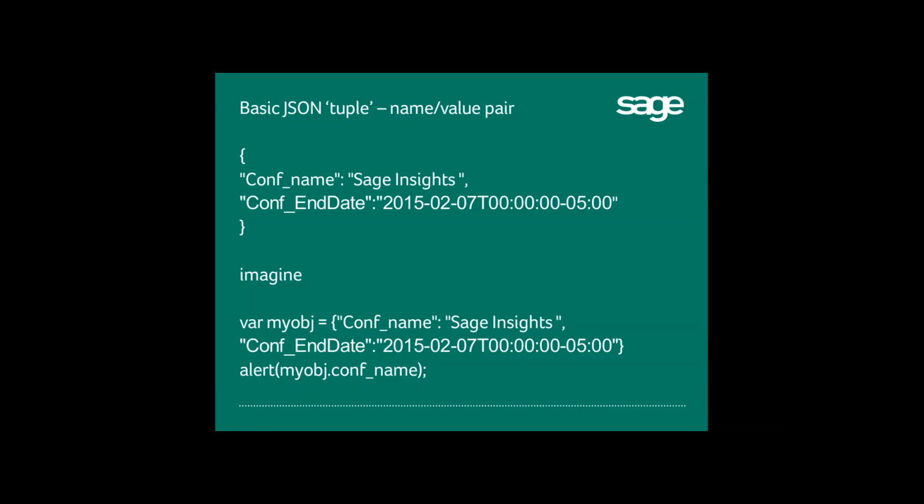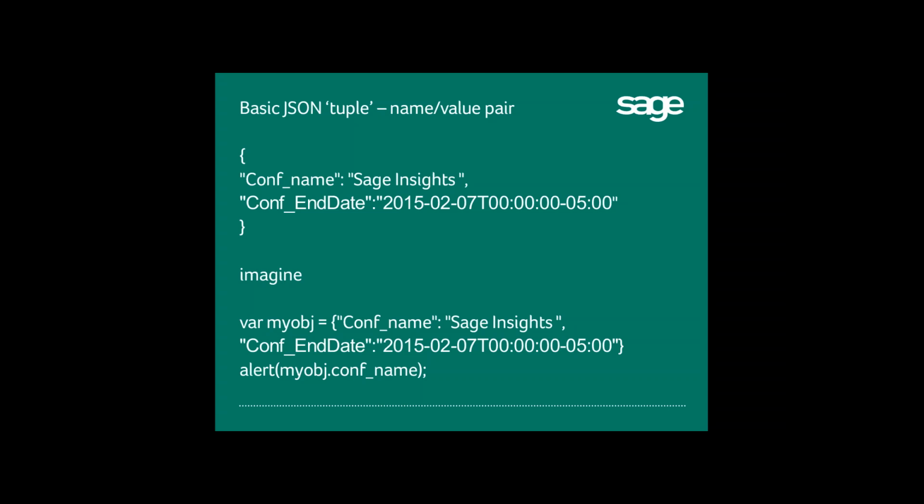You can see here that this is the basic structure of an object. Now, you might write it as a data package like the first set above, where you've got the conference name, colon, Sage Insights, and conference date, colon, and then the date time expressed in UTC format.